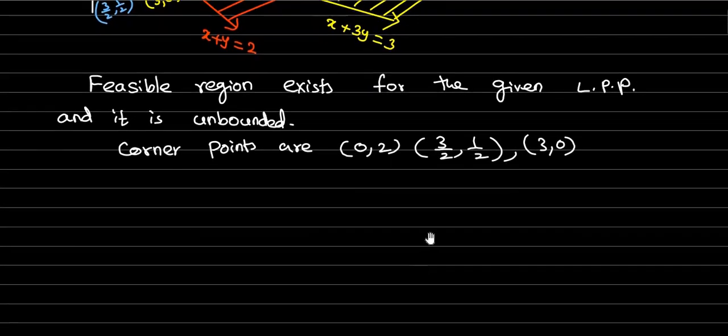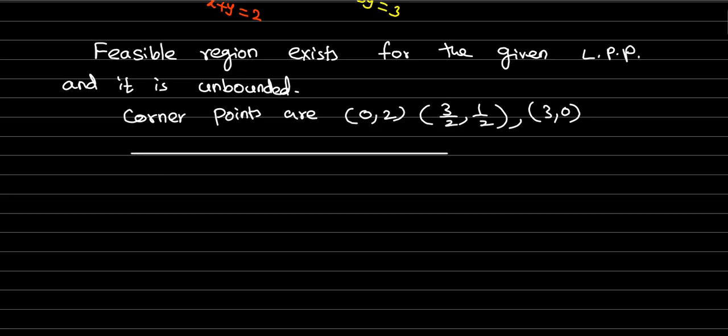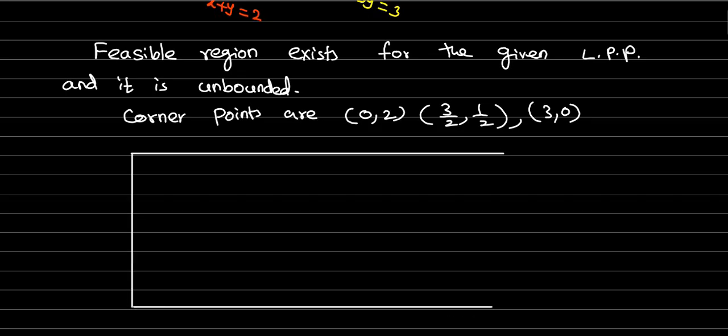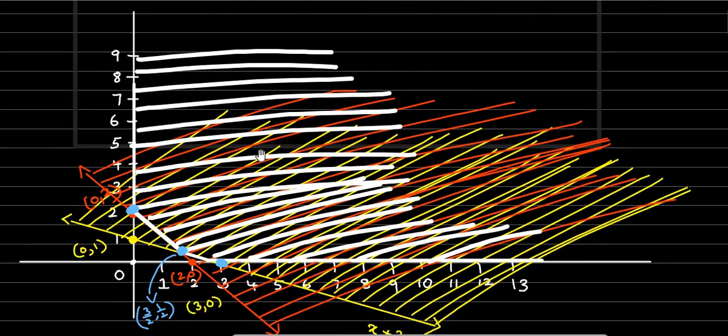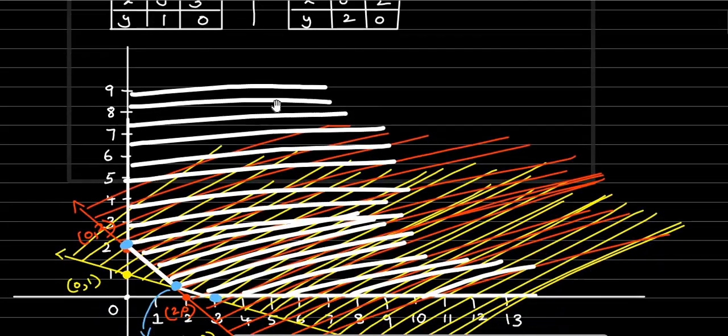Now these corner points we are going to substitute in the given Z, which is 3x plus 5y.